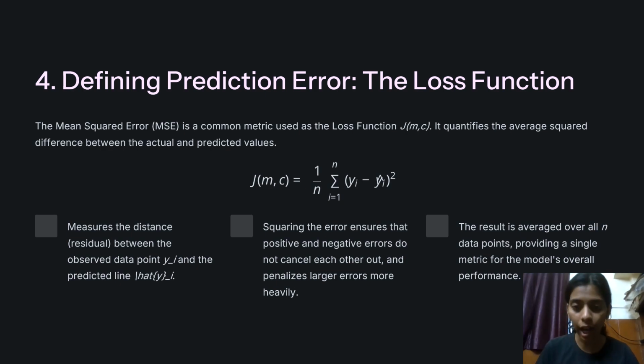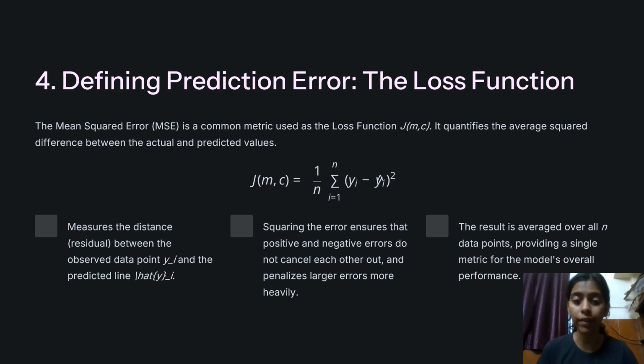Now, yi is the actual value, yi hat is the predicted value, and why do we square the differences? It is because we don't want positive and negative errors to cancel each other out, as a few points are above the line and a few points are below the line, so the differences could be negative as well. So squaring gives us a positive answer and we can sum it.